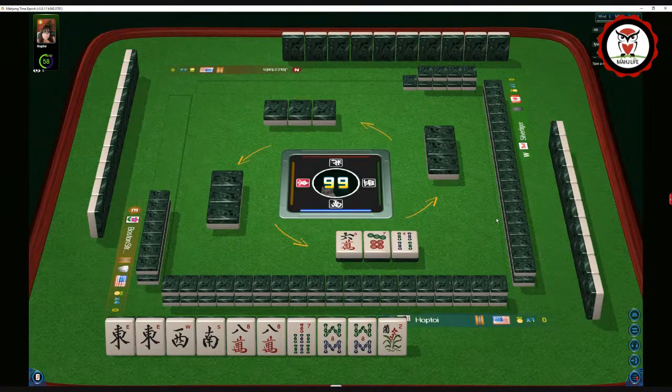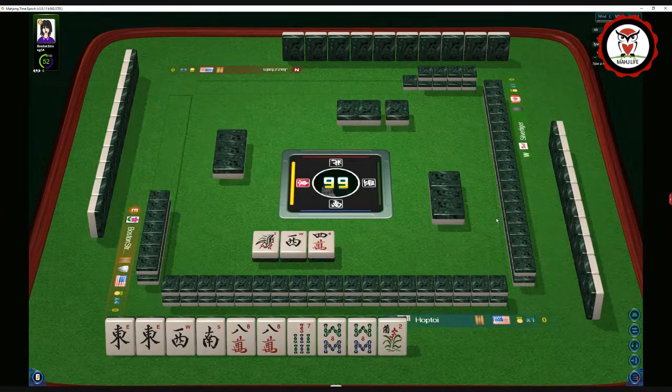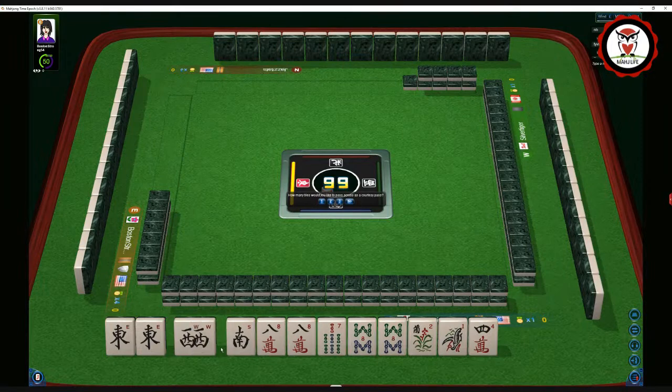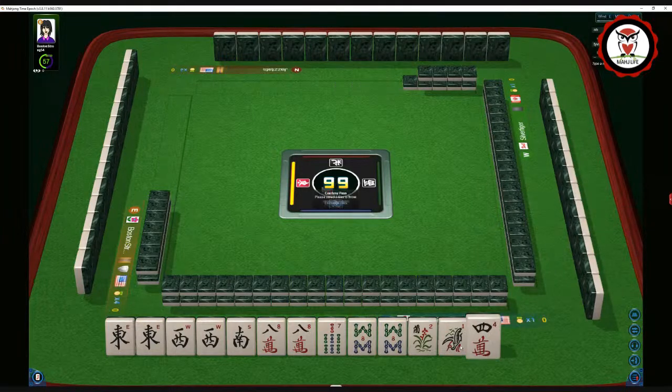If we get an 8 dot, we might consider like numbers. We've got the west. Okay, so they want 3. I probably would pass 2. We could do east and west with 6, 7, 8, but it's very weak because we have no 6. Maybe we could get the 9 bam.